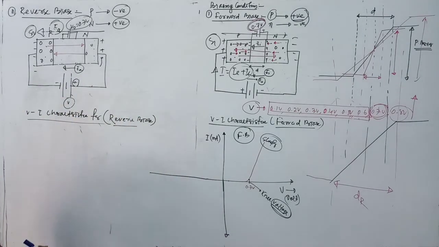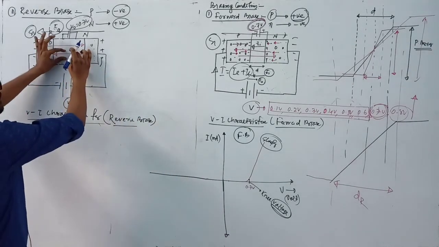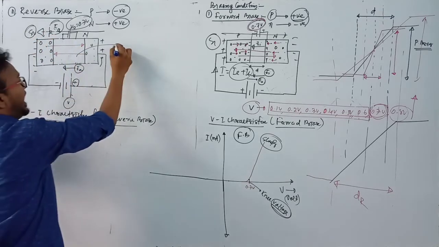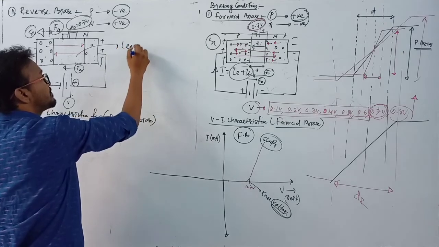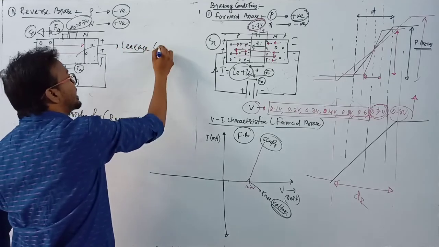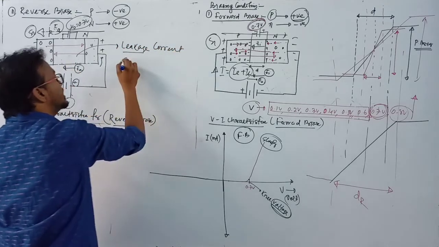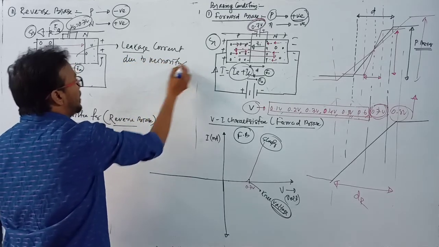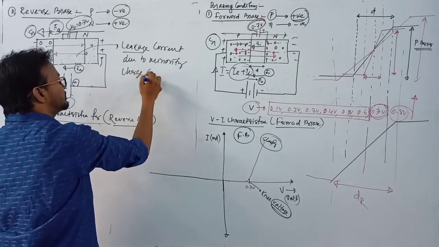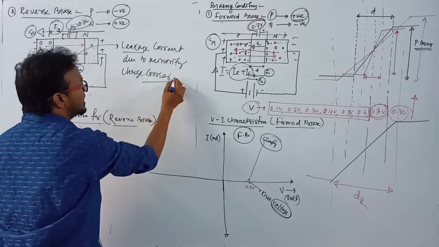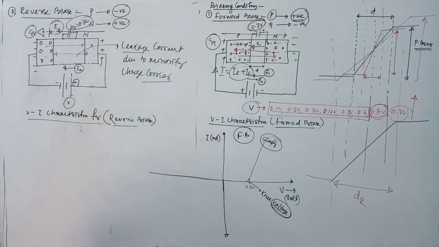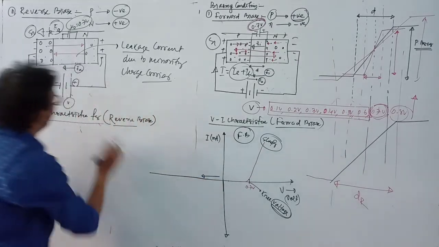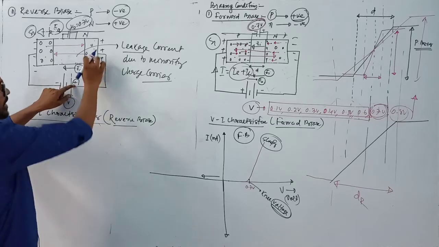So in case of reverse bias, a very small amount of current is developed due to the minority charge carrier, and that current is known as leakage current due to minority charge carrier. Clear? If we increase the potential, here negative potential means opposite direction, because the positive side is connected to the negative side.